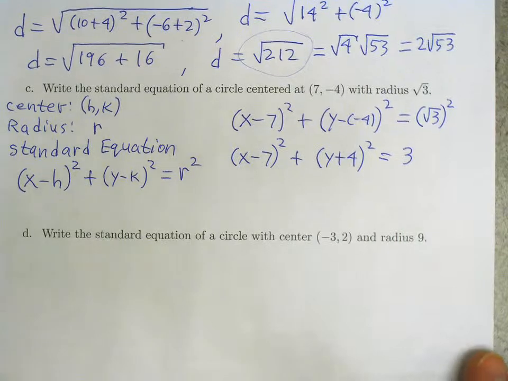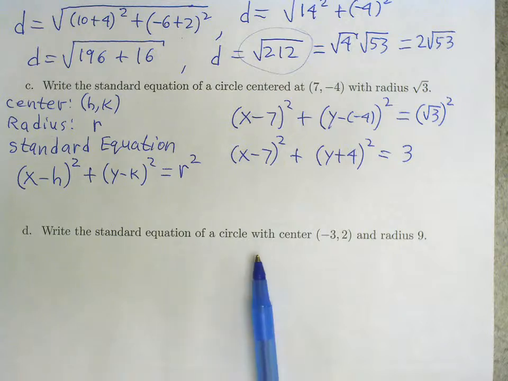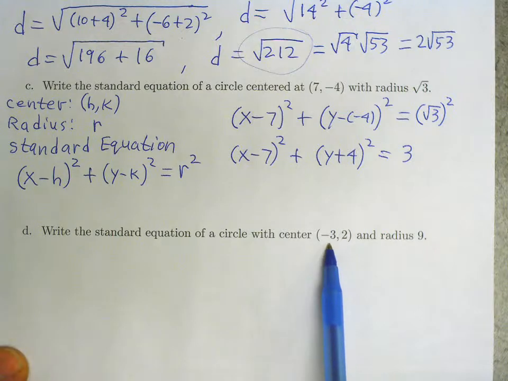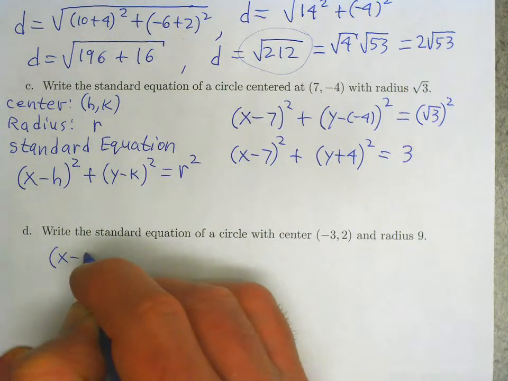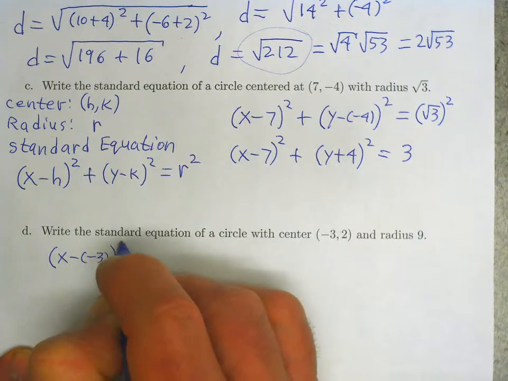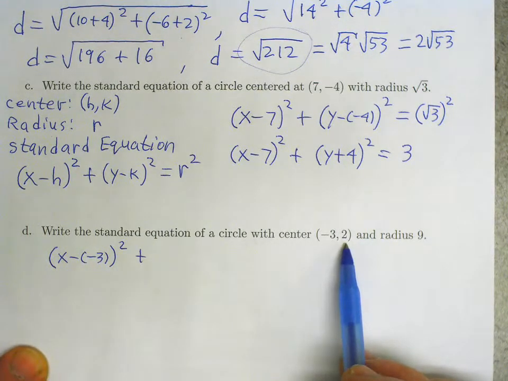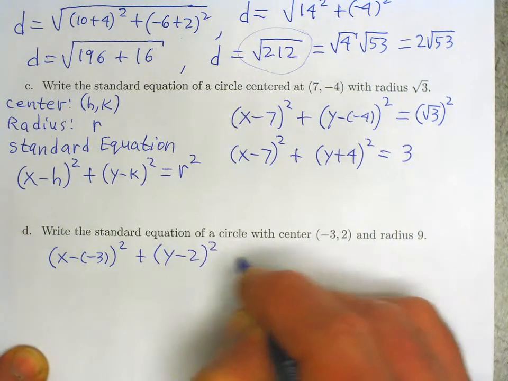Okay, one more example similar to that one. Write the standard equation of a circle with center -3, 2 and radius 9. The x-coordinate of the center is -3, so we write the quantity x minus -3 squared, and then plus the y-coordinate of the center is 2, so plus the quantity y minus 2 squared.